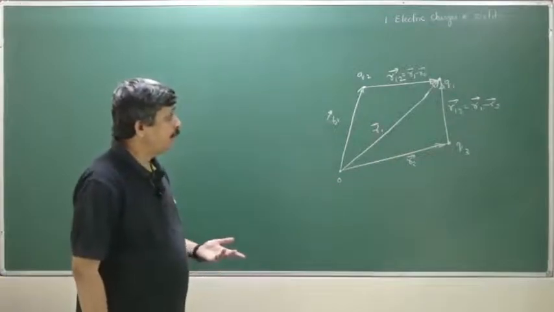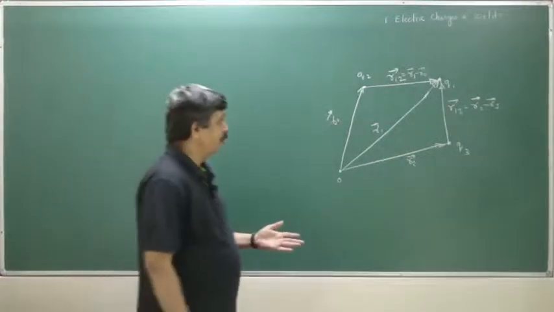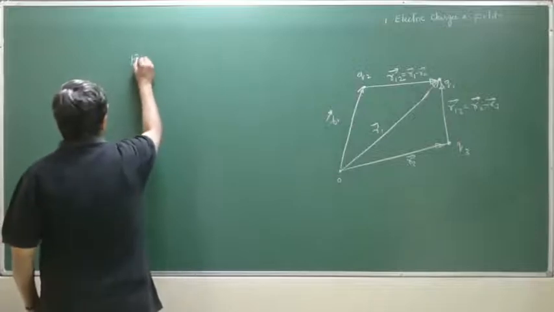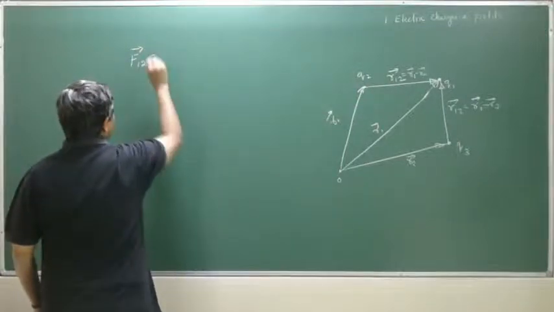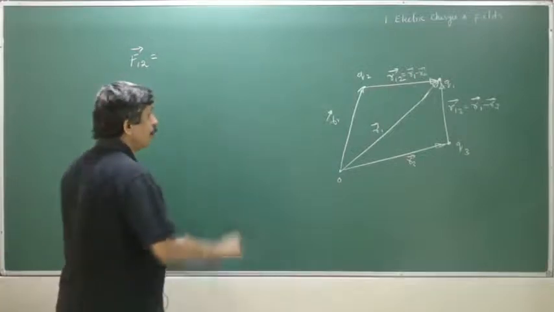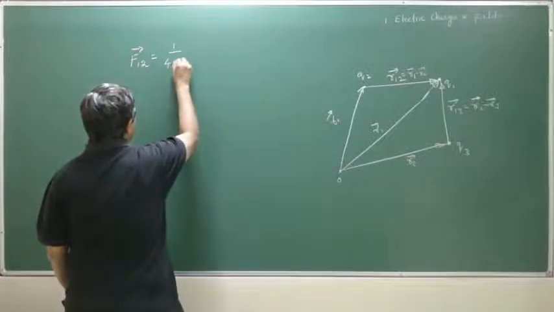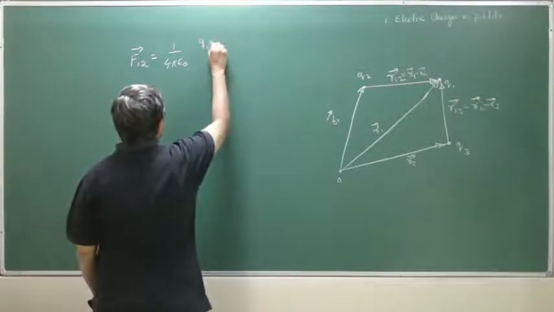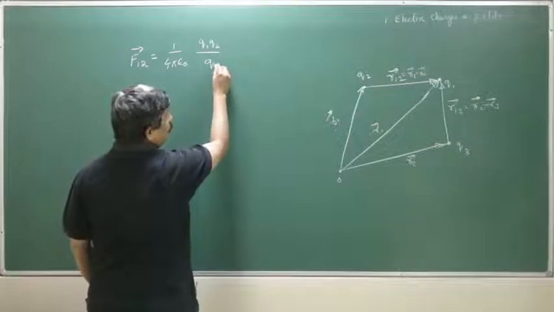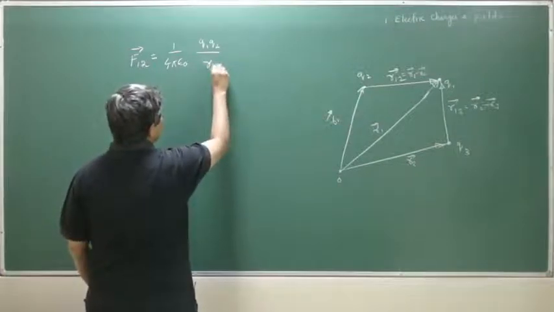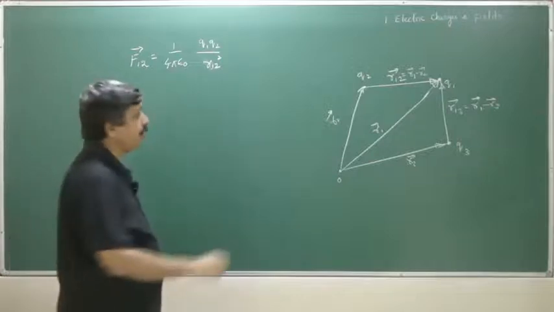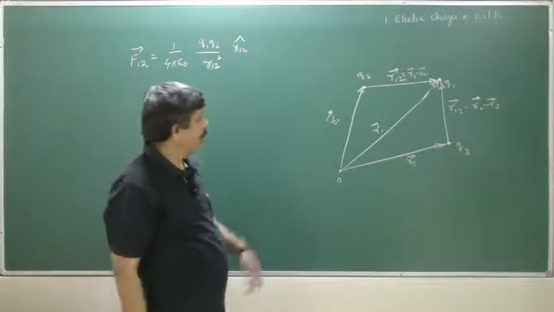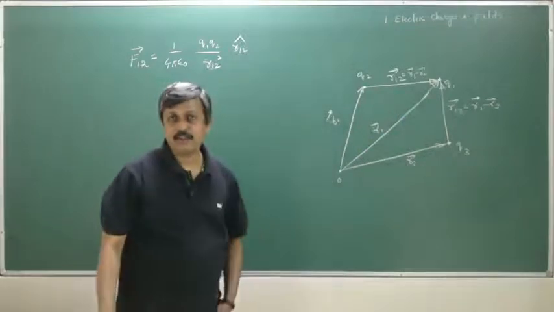So if you calculate the force on q1 due to q2, you will get a force F12, and that force F12 will be equal to 1 by 4 pi epsilon naught into q1 into q2 divided by r12 square, this is the magnitude, into r12 cap, which is the unit vector in the direction of r12.